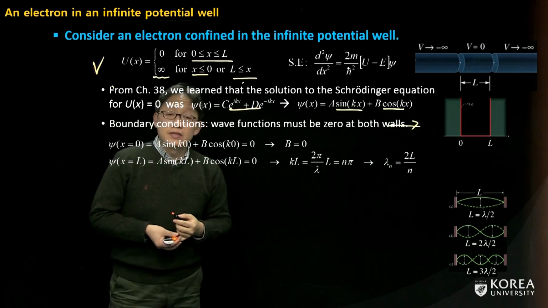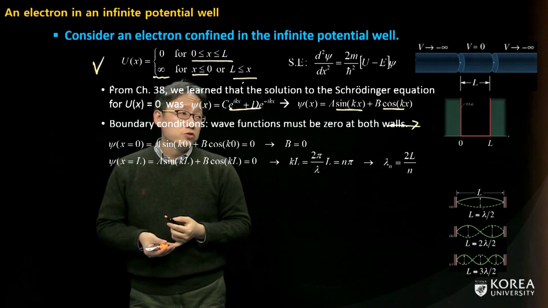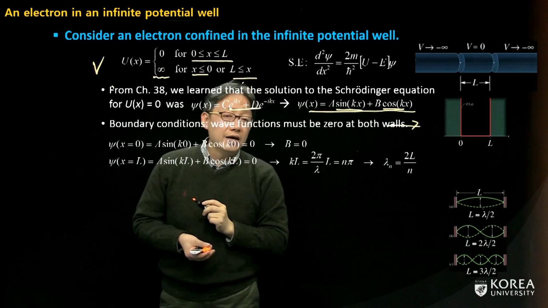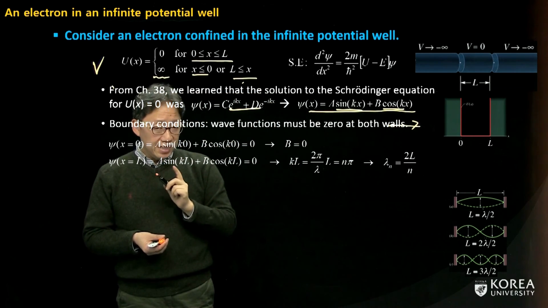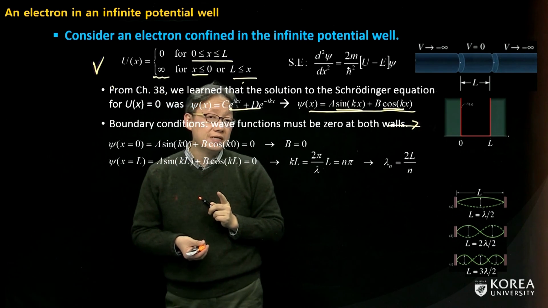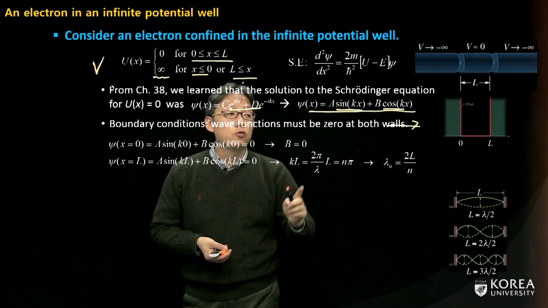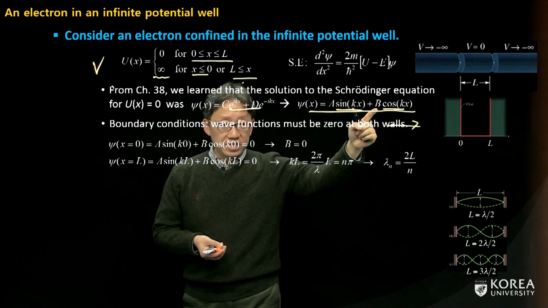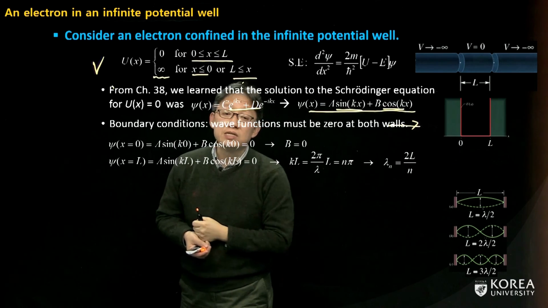Now we will use this general solution and find what it looks like inside this infinite potential well. Basically, we have to find what A is, what B is, and lastly, what k is.